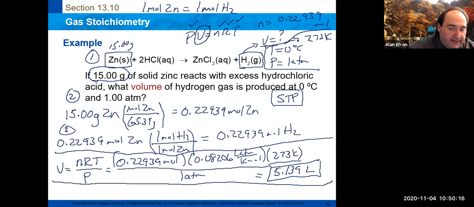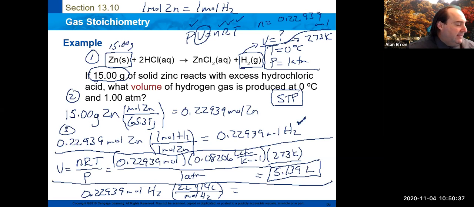And we could have, at this point, where we got the moles of H2, used that conversion: 0.22939 moles of H2, and again, a mole of H2 would equal our 22.414 liters.